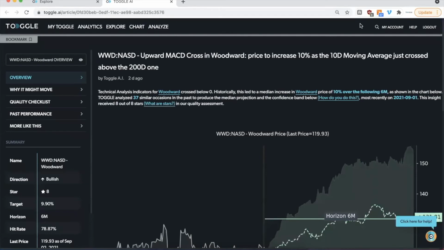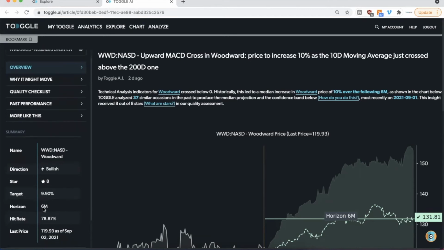So the way you can start by reading any insight is by looking at the title, the information underneath, or the summary. We really try to break it down and make it as easy as possible for you to see what this insight is about, where it is headed, and what could be the effect. In this case, it's an upward MACD cross in Woodward, and the system believes this is the event, and that the price could rise about 10% over the following 6 months.